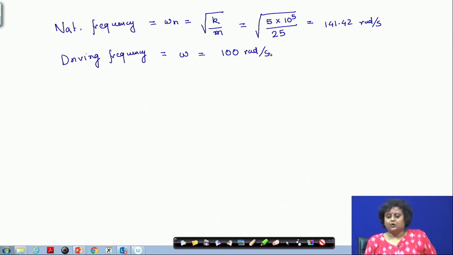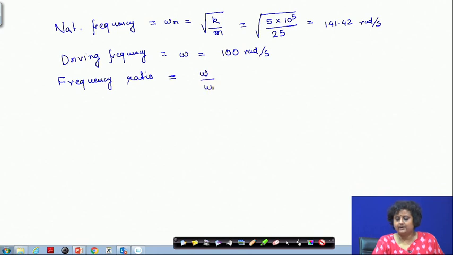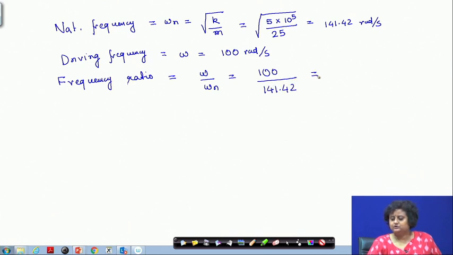So, the frequency ratio can be evaluated, which is omega by omega n, which is 100 by 141.42, which is going to be 0.707.